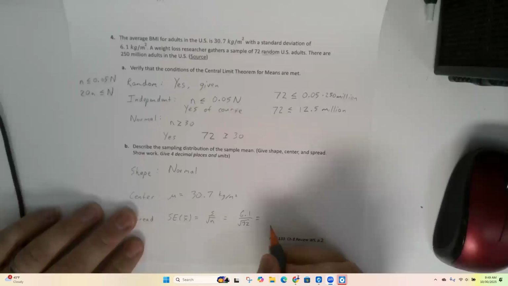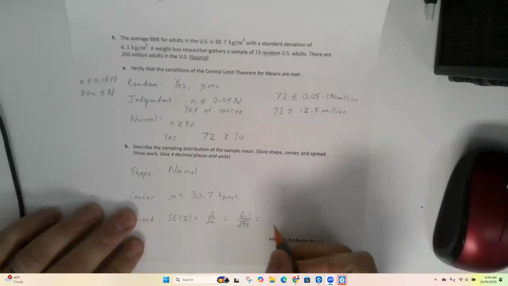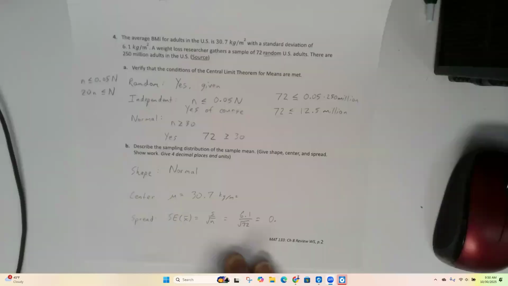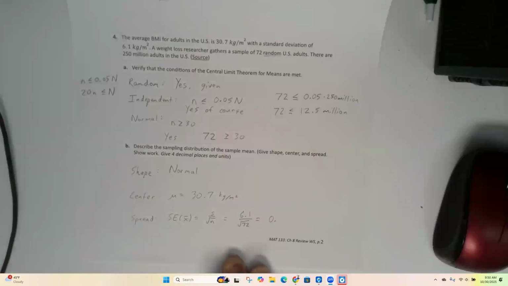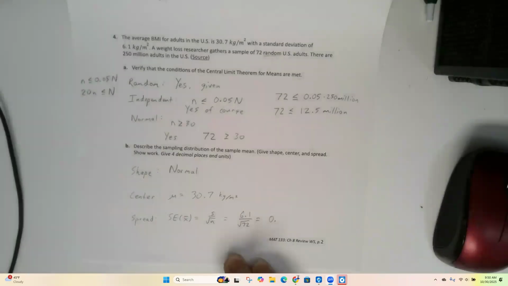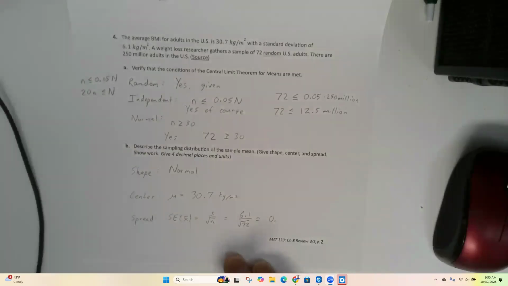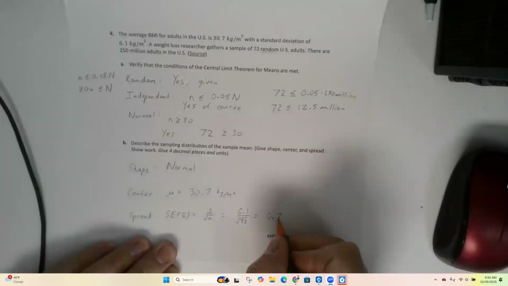It should be less than 1. 6.1 divided by the square root of 72. 0.7189.